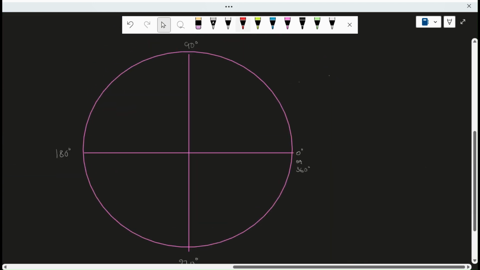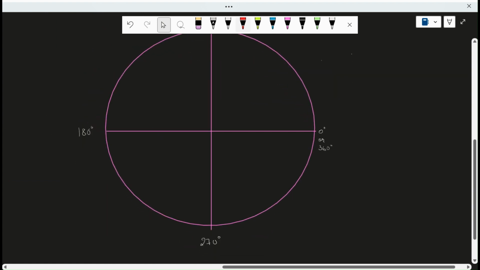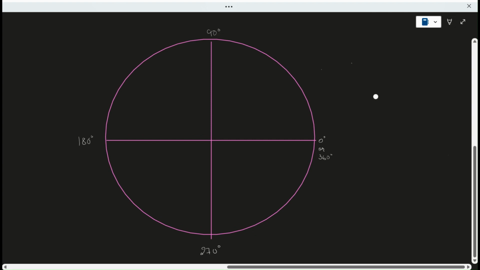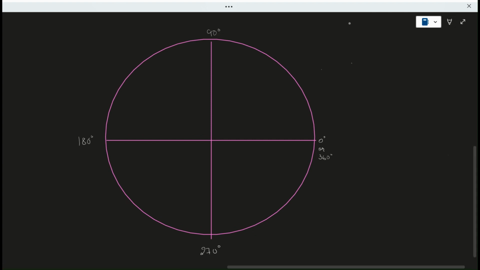If we again see this circle, we can take two more values here, that is 30, 60, and one we can take here as 45.